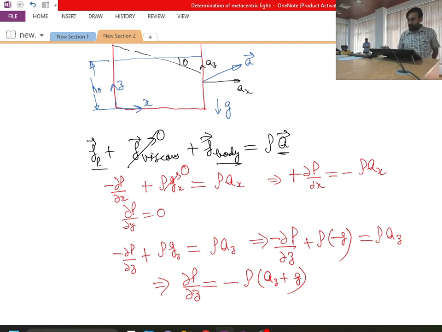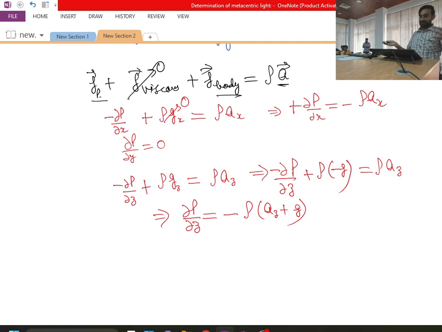Okay. So now if I talk about the situation of no acceleration, then ax equal to az will be 0, and along with this if I also introduce a situation that I have microgravity, there is no gravitational field present, then g will also be 0.